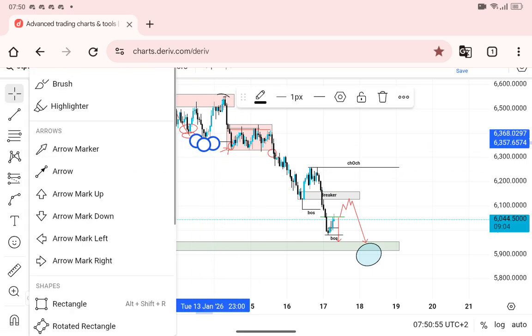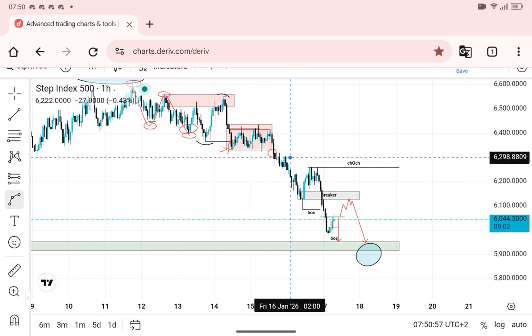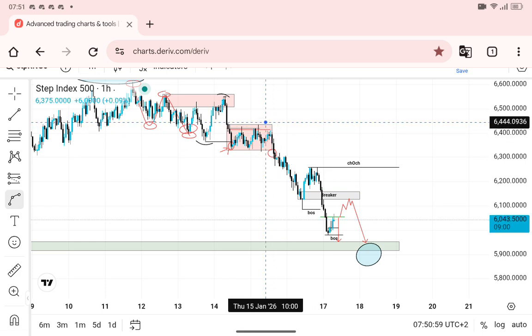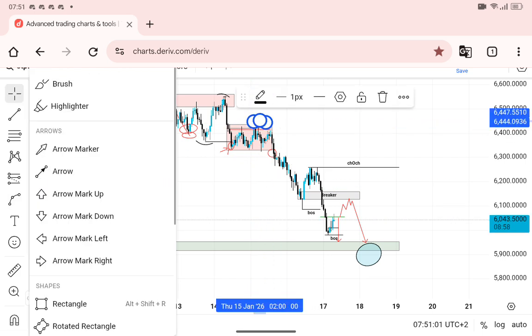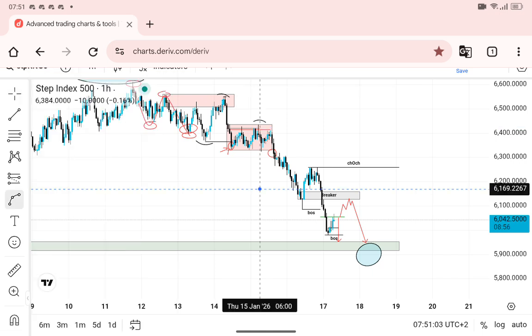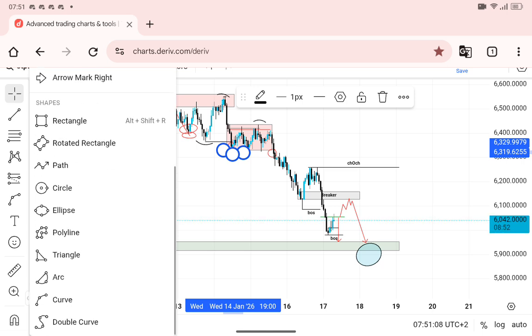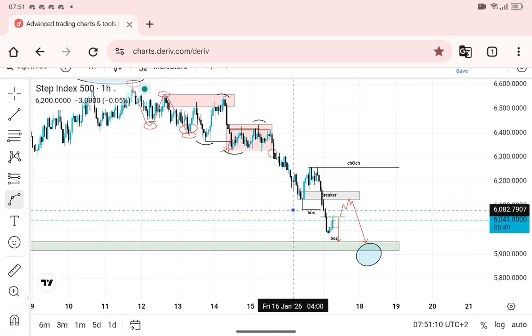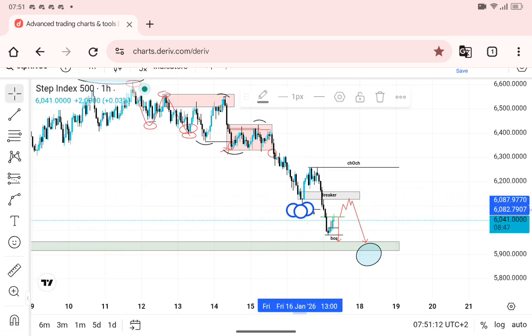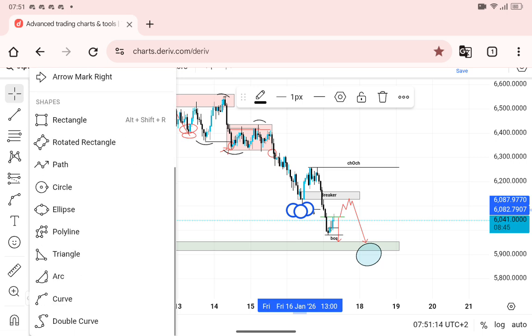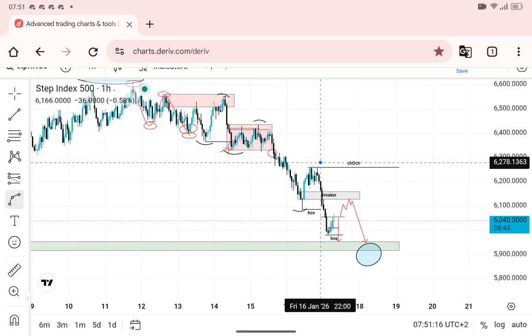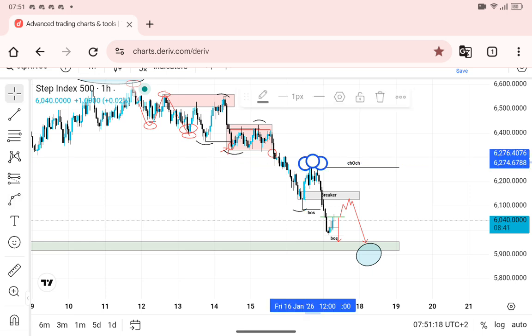Lower low, lower high, lower low here, went down, lower low, lower high.